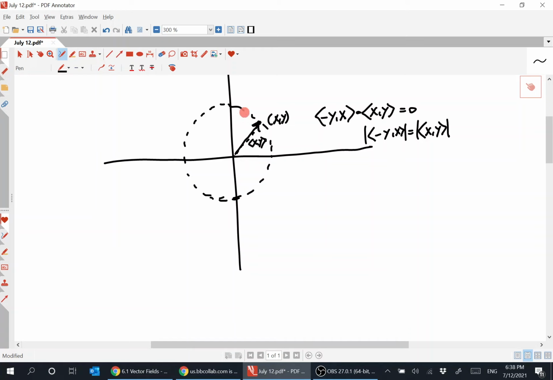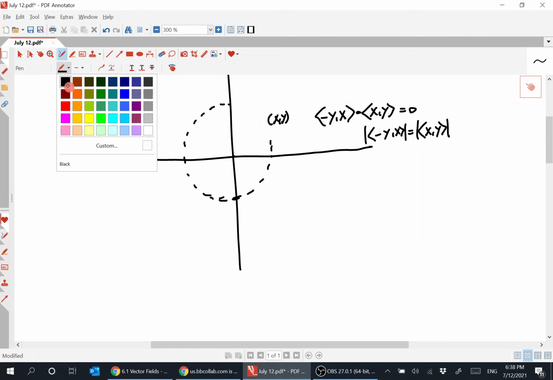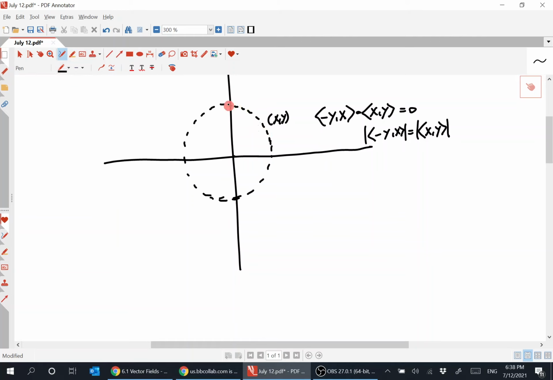So the vector minus y, x, maybe we can put this one in red, perhaps. So this is the vector x, y right here. This is the point x, y. So the vector minus y, x being perpendicular to that points this way.